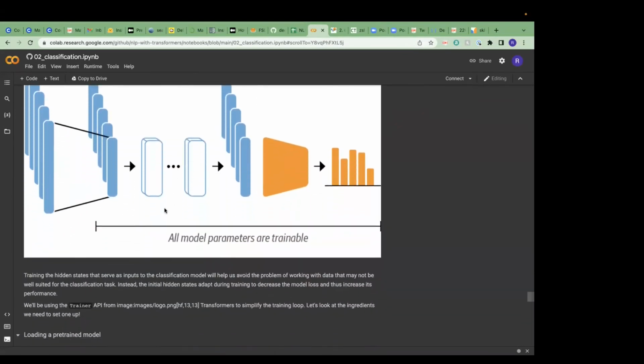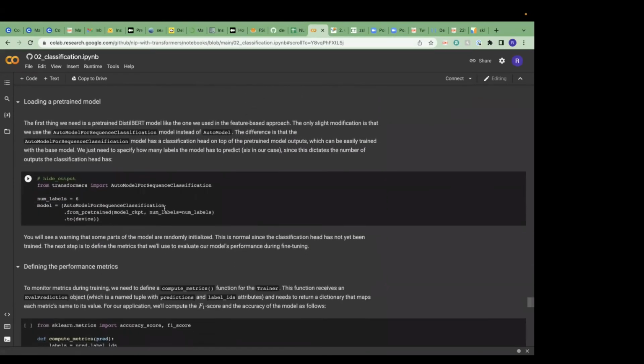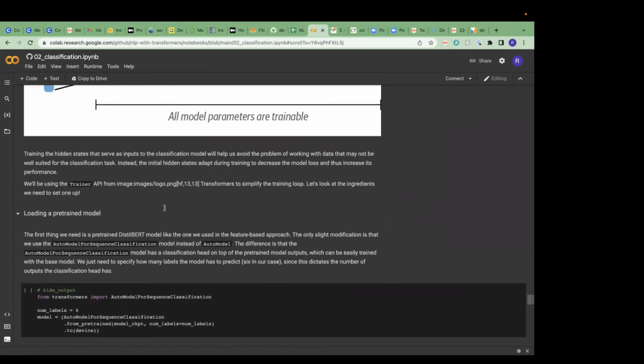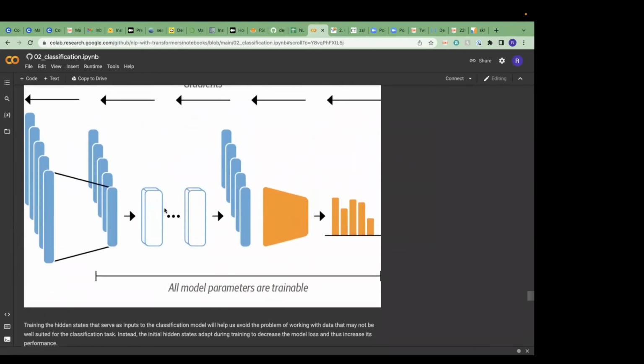When I read the chapter, I understood that both the one layer which we have now over here and the logistic regression are more or less the same structure. So the difference we see in performance comes not from the head of the classifier at the end, the yellow one, but from fine-tuning the model itself.